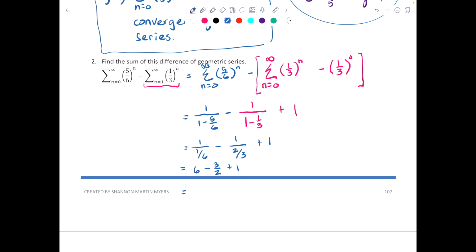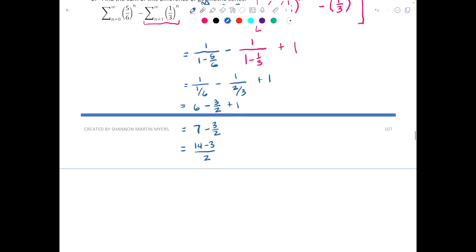And what's that going to be? 7 minus 3/2. And then getting a common denominator, that would be 14 minus 3/2, which gives us 11/2. Good so far? Awesome, awesome.